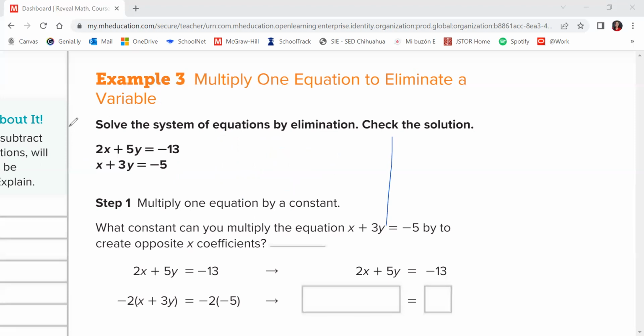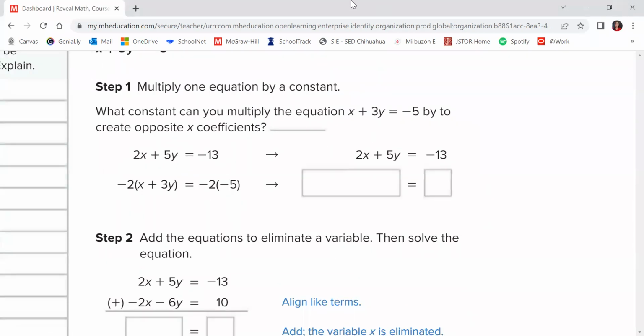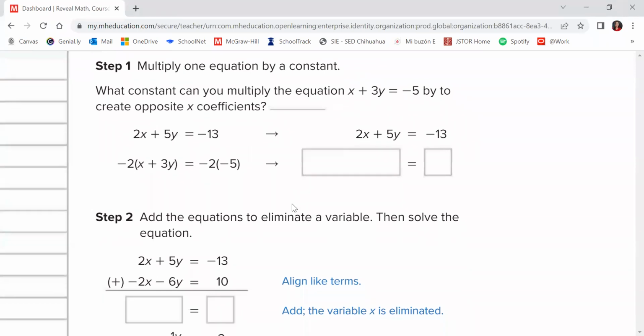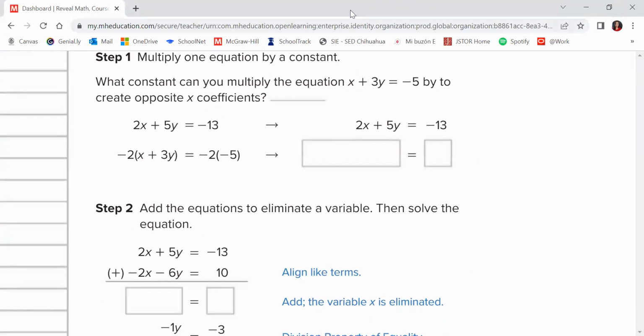In this example right here, they did that. They multiplied all of one of the equations by -2 in order to get an opposite, right? So when we multiply them, we end up having -2x minus 6y, it's equal to 10.